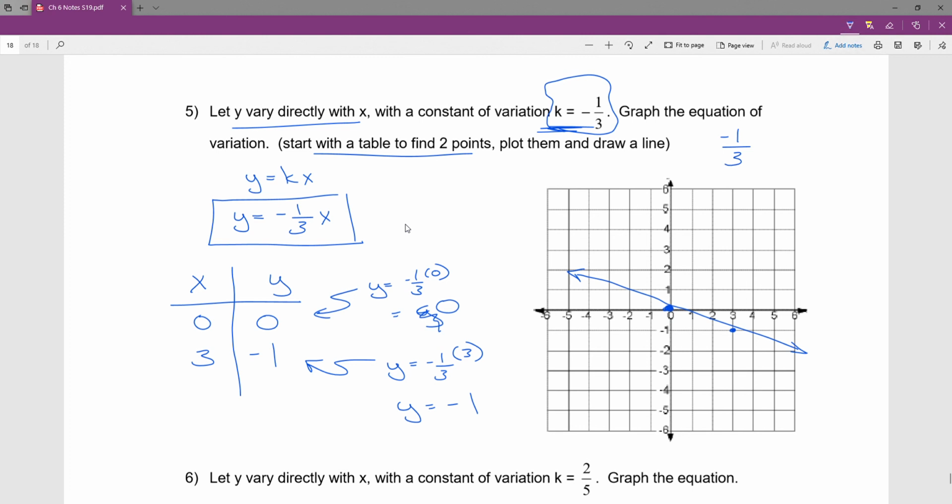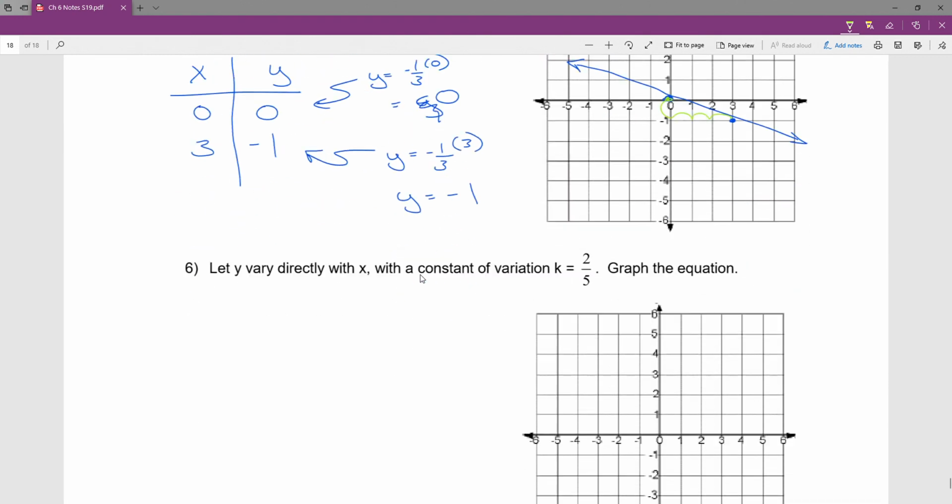So to go from one point to another, that's what I should be able to find. So from this point, I go down 1 and over 3. And in that way, again, the coefficient on the x term, whether you call it slope or whether you call it the constant of variation, is the slope for the line that the equation is making.